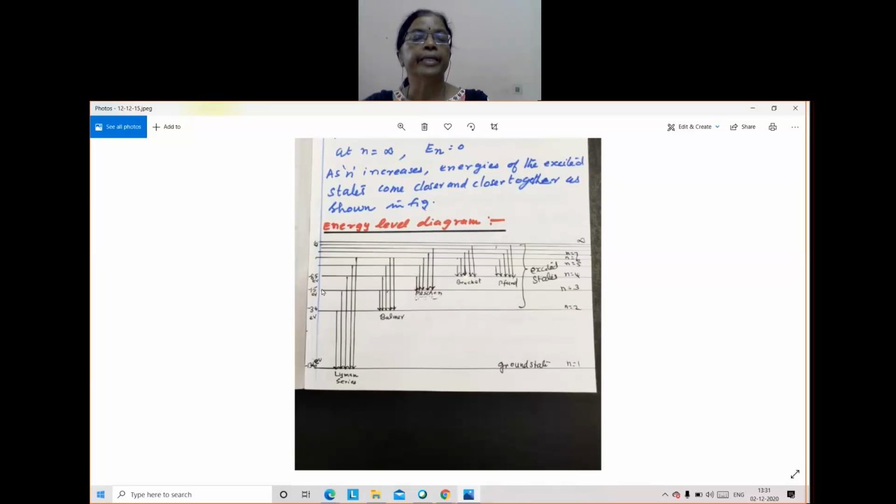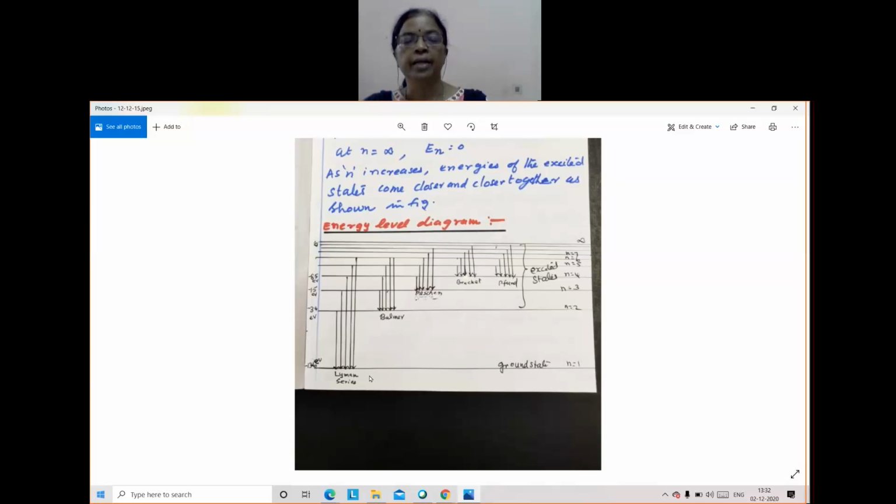Then the second excited state, n equal to 3. So we have minus 13.6 by n square, minus 13.6 by 3 square. So we get the energy here. Like that we are calculating the energy. And when an electron jumps from the first excited state or second excited state to the ground state, it releases energy, and one radiation is given out, and we get the wavelength corresponding to that.